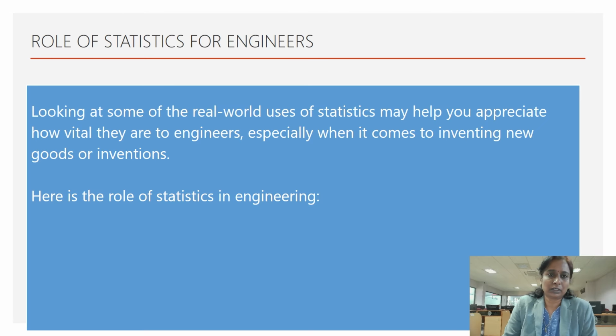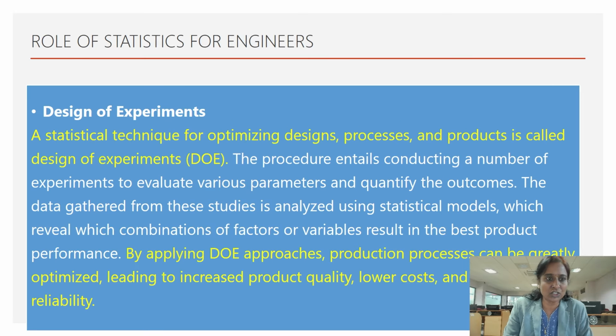Now, what is the importance of this open elective? Looking at some of the real world uses of statistics may help you appreciate how vital they are for engineers, especially when it comes to inventing new goods or inventions. Here is a brief list of the role of statistics in engineering.